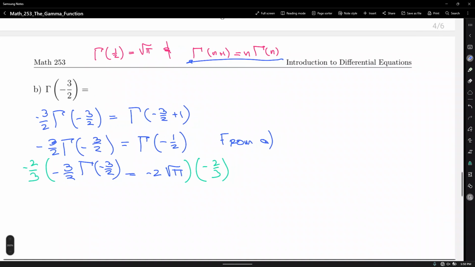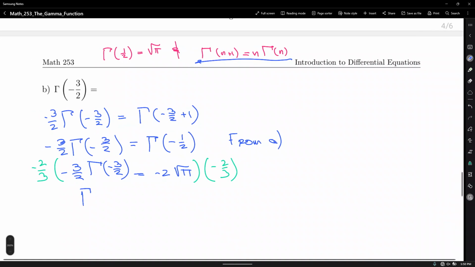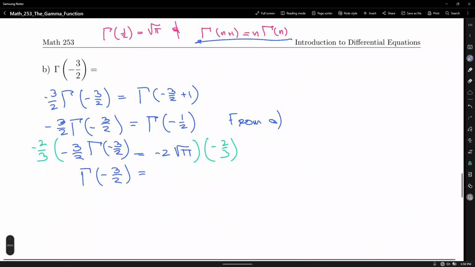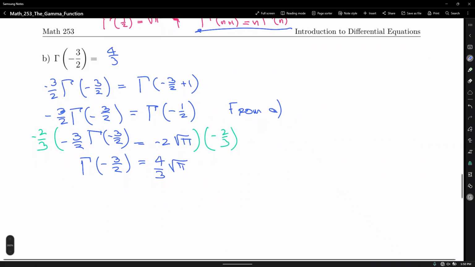Okay? And this will be gamma of negative 3 halves equal to negative and negative is positive. 2 times 2 equals 4 divided by 3 root of pi. Okay? So 4/3 root of pi. All right? Let me make this look like a root of pi. There we go.